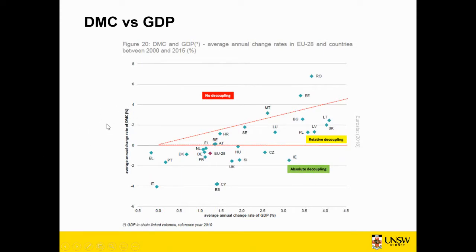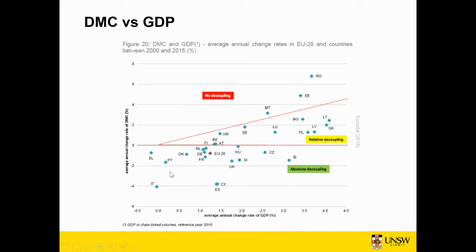We could have direct material input, or in this case, they report in terms of domestic material consumption, which is direct consumption of materials in the country. So for countries where you have an increase in the GDP, increase in the economy, and a decrease in the material consumption, then you have an absolute decoupling.